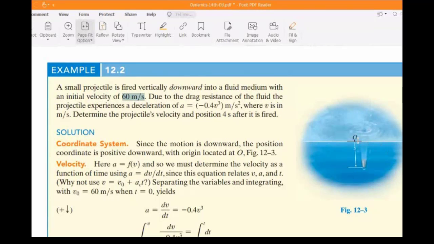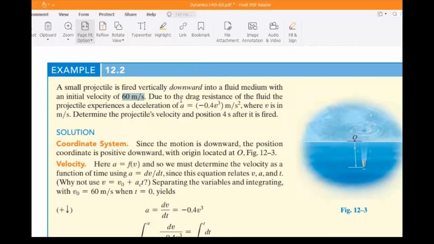What will happen? It will drop on the water and then go down, right? So a small projectile is fired vertically downward into a fluid medium with an initial velocity of 60 meters per second. So the initial velocity we have is v0.